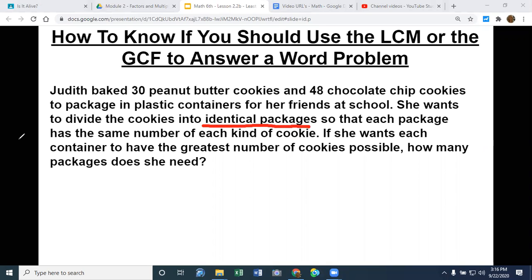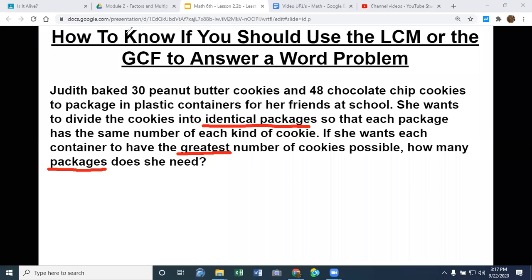Does this look familiar from a previous lesson, this kind of word problem? If she wants each container to have the, here's the key word, greatest number of cookies possible, how many packages does she need? Am I going to want to find the greatest common factor, or am I going to want to find the least common multiple?